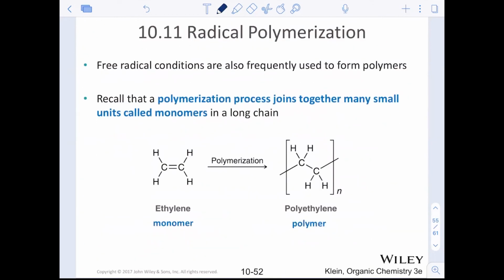Last one that we just want to talk about is polymerization. When we make multiple chains, this polymerization process joins together very small units. These units are usually called monomers, and they usually have an alkene with them. Now that alkene is initiated into an addition reaction, a radical addition reaction, and that radical addition reaction can cascade and make more and more connections.